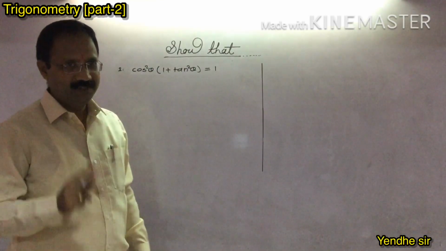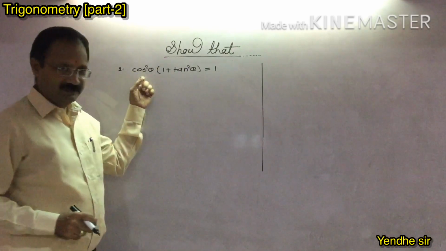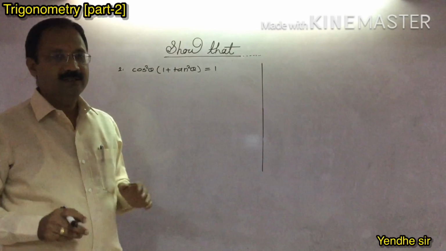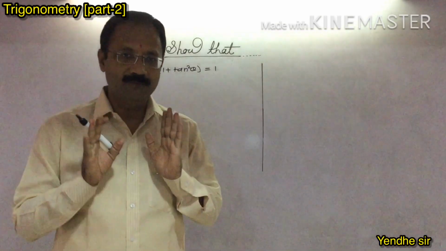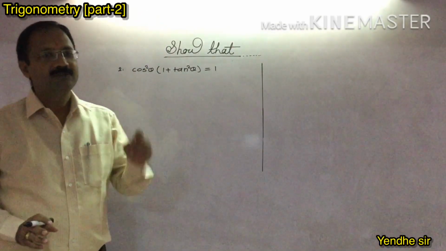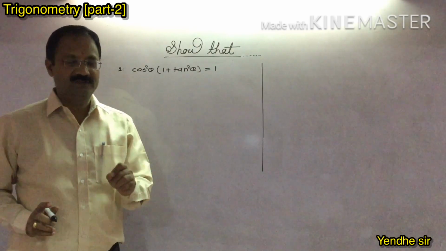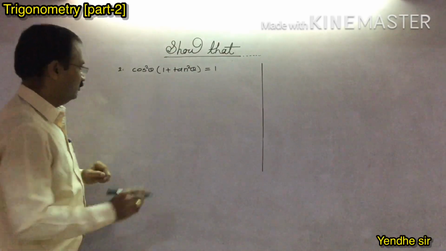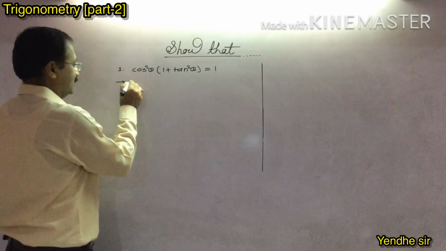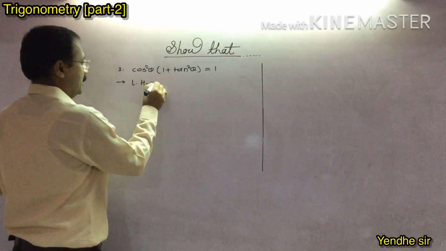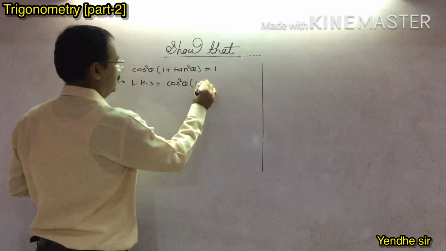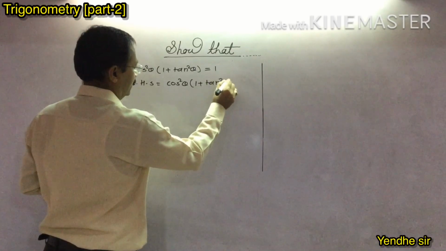Let's start with the second example. Cos square theta in bracket 1 plus tan square theta equals 1, you have to prove that. Again, you have to follow the rules. Rule number 1, always take LHS. I am going to take LHS. LHS equals cos square theta in bracket 1 plus tan square theta.